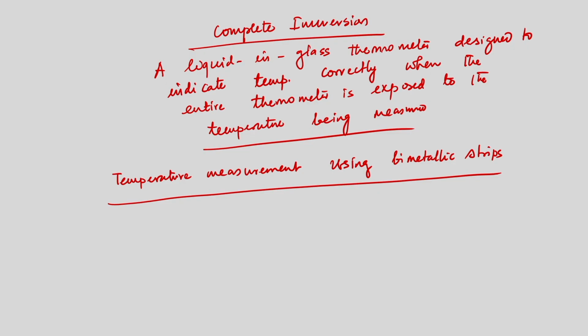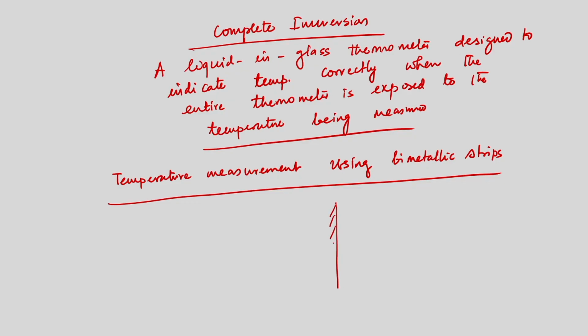Say we have two different materials: this is one material, and we have another material with a different thermal expansion coefficient. The total thickness is T, and the radius of curvature is infinite.